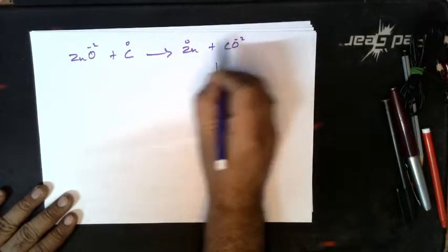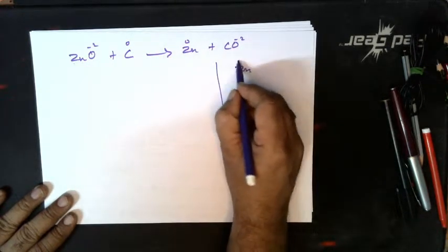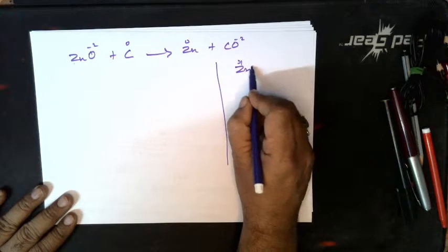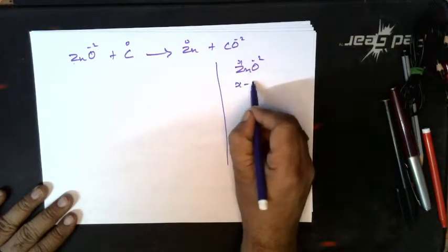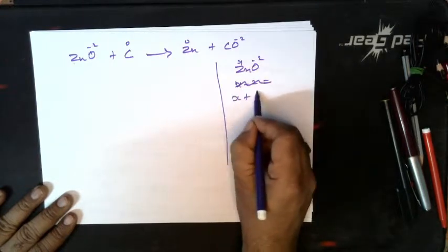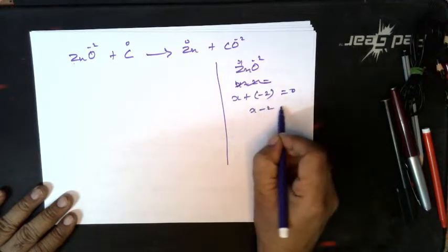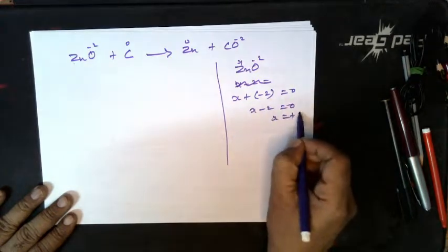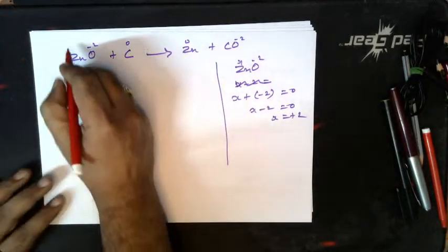So you have to check zinc and this carbon. So let us consider, put X for zinc in zinc oxide. This is minus 2. So you can put X minus 2, is it not? Actually that is X plus of minus 2 is equal to 0. X minus 2 is equal to 0. X is equal to plus 2. So the oxidation state of zinc is plus 2.